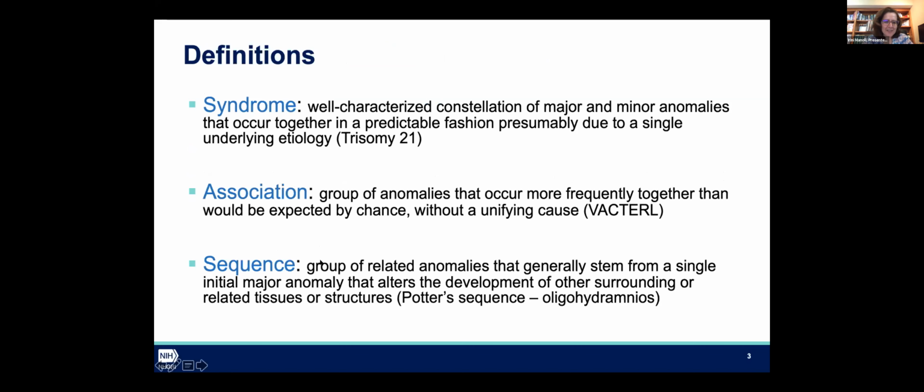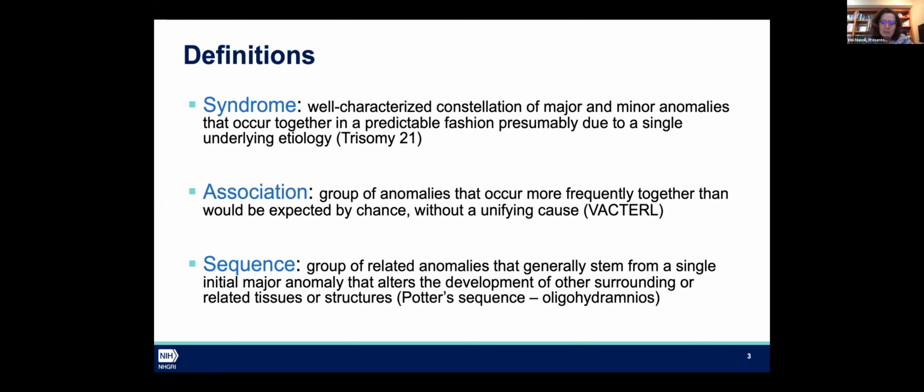I'm sure you will hear those definitions many times, but we keep converting from syndrome to association to sequence throughout the talk. Syndrome we call something that's well characterized, a constellation of minor and major anomalies that we think are due to a single underlying etiology, such as Down syndrome, trisomy 21.